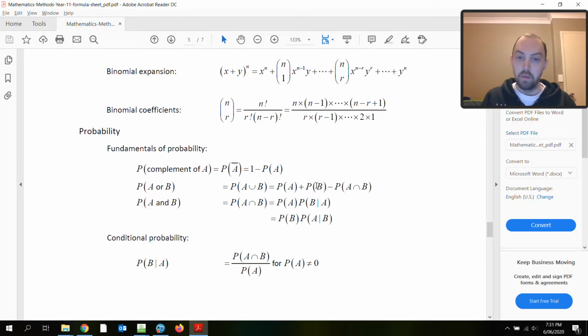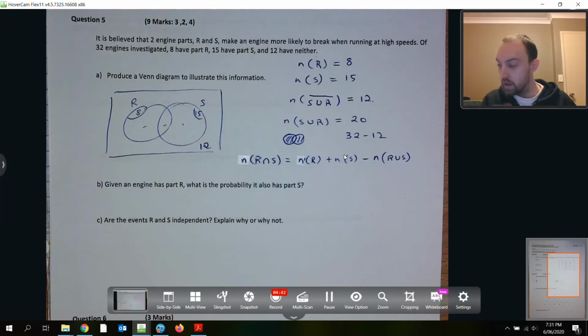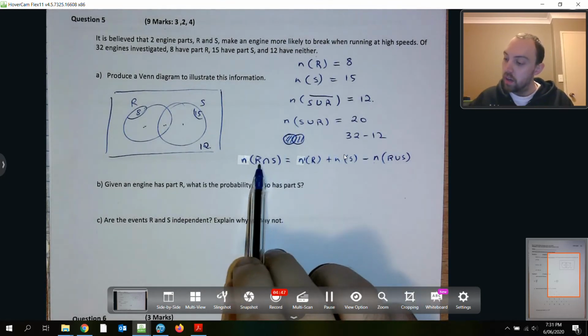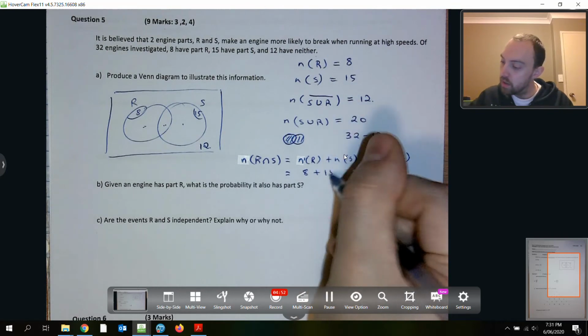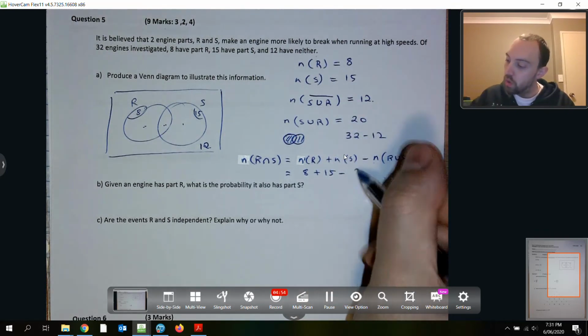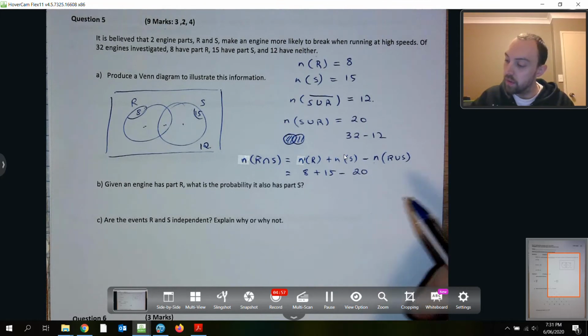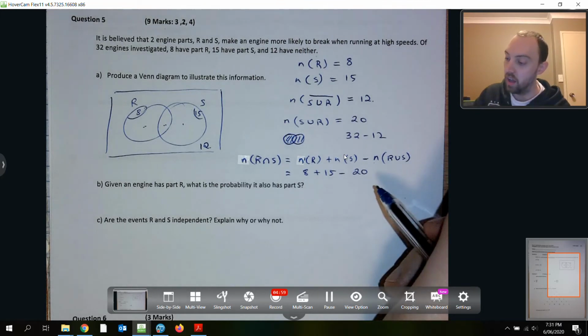It's equal to probability of A plus probability of B, take probability of A and B. We've used this, but rearranged the probability of A and B and swapped it with the probability of A or B. And we're using the number of elements as opposed to the probability, but it should still be the same. Alright, so this is R, which is 8, plus 15, take 20 is in both of them.